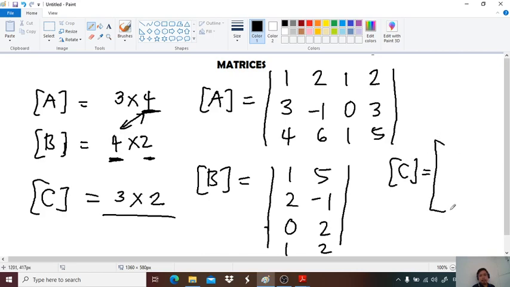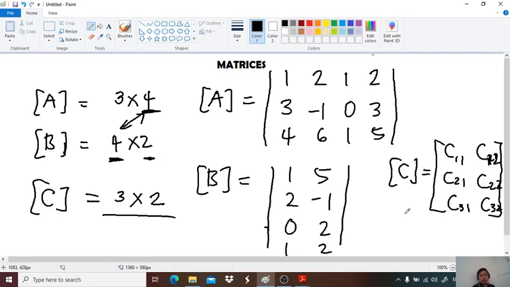So we have C11, C21, C31, sorry, C12, C22, C32. So this will be our final answer in multiplying these two matrices.